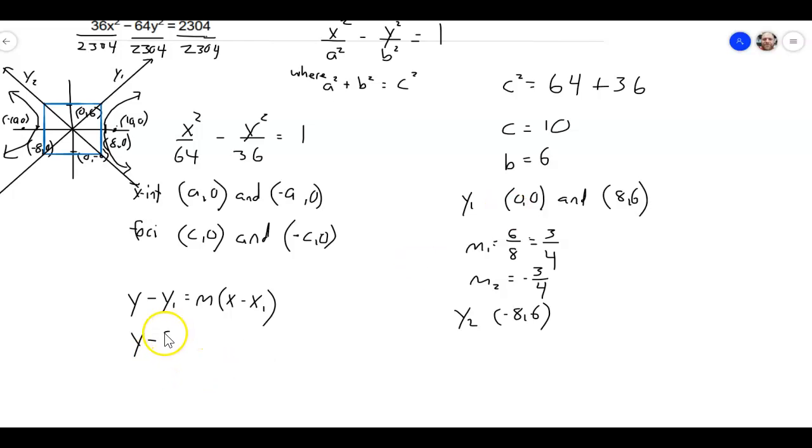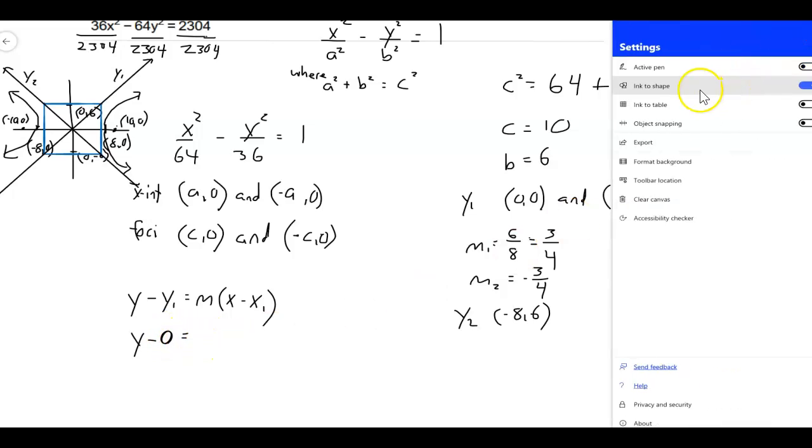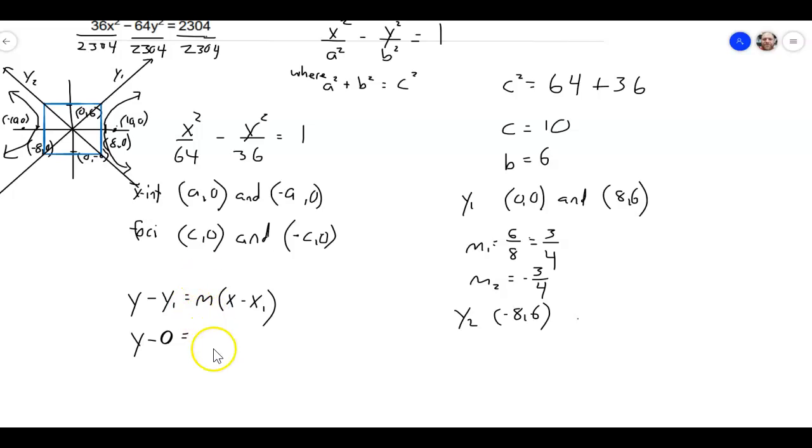So y minus 0 is equal to 3/4 x minus 0. And when I solve for that, I'm just going to get y equals 3/4 x. Nice and easy.